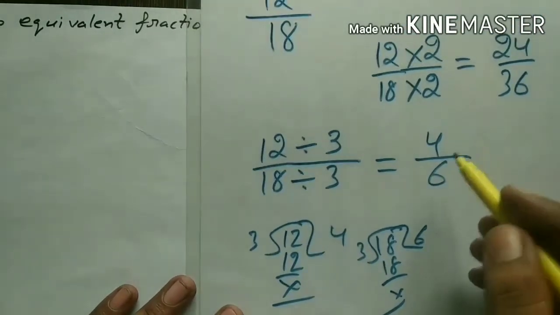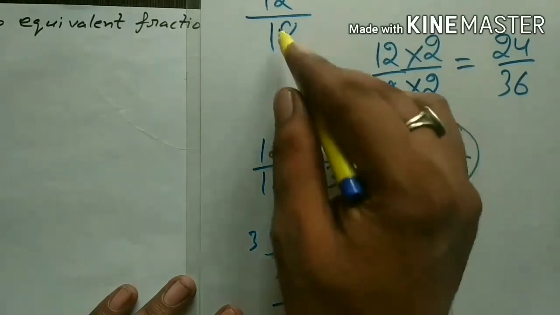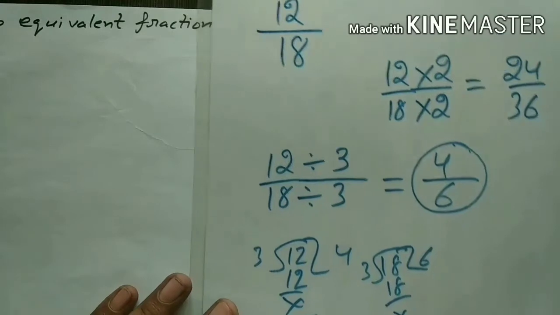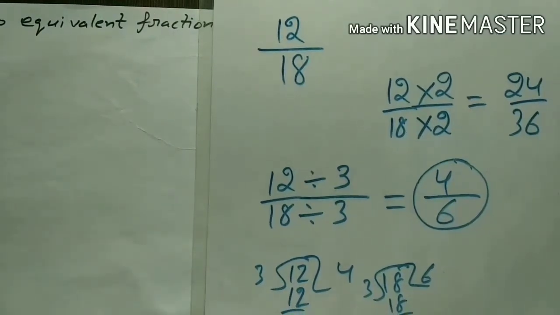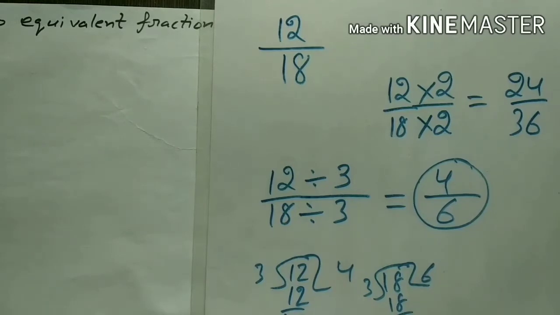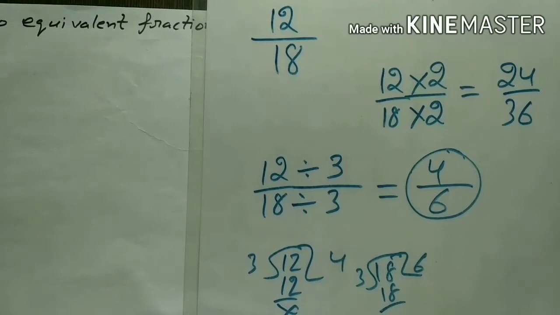So now the fraction is 4 by 6. This fraction is also equivalent to 12 by 18. Now students, this was the method to find equivalent fractions. In order to find an equivalent fraction, you can multiply both numerator and denominator by the same number, or you can divide both numerator and denominator by the same number.